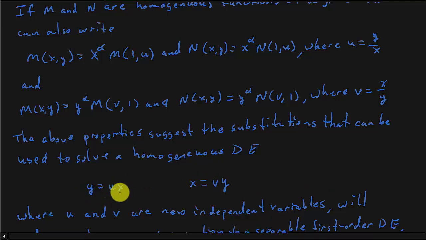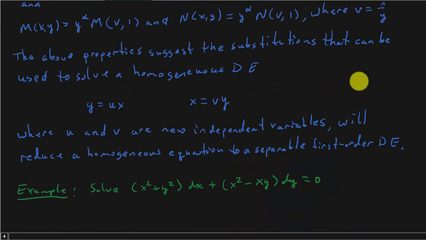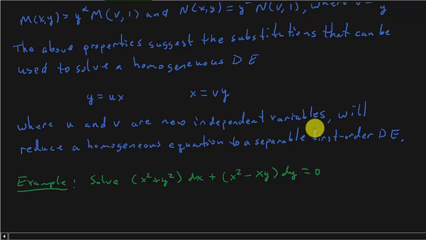You may want to erase what you did with this and come up here and let x equal vy. Just try one. If it's difficult, you don't like it, then do the other substitution, where u and v are new independent variables. We'll reduce a homogeneous equation to a separable first order differential equation.